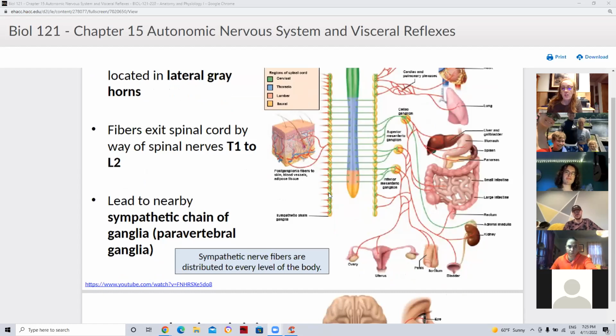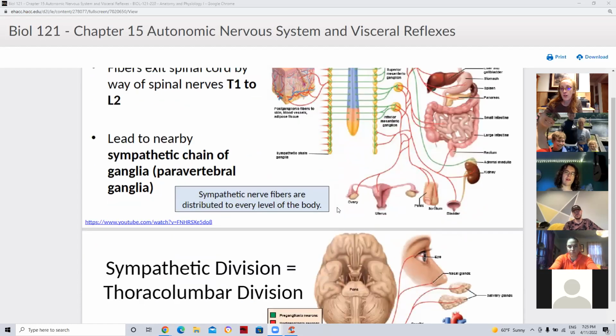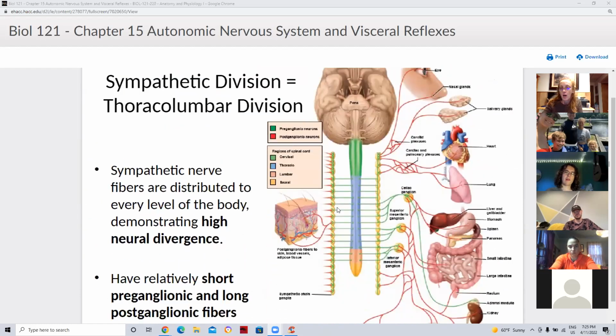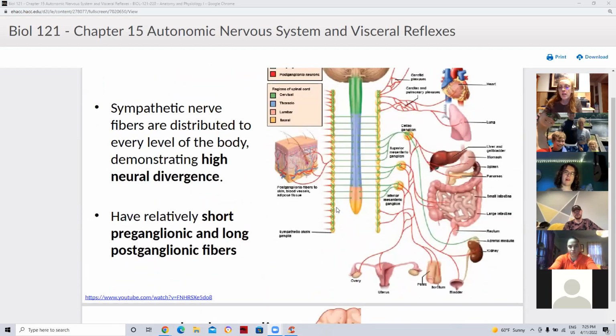The sympathetic nerve fibers are distributed to every level of the body. Because they distribute throughout the body, they show a very high level of neural divergence, branching out, networking.